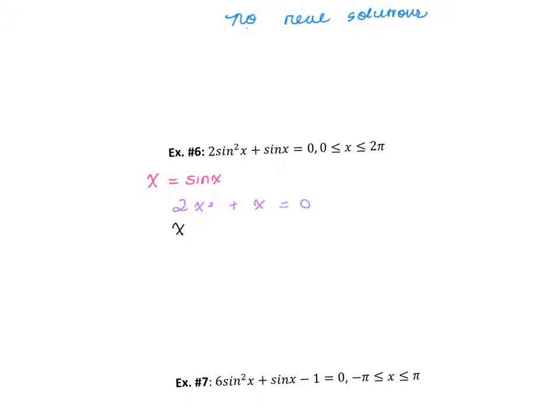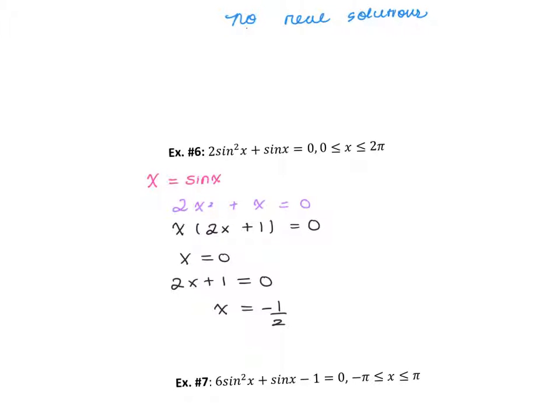You can take out an x. So you have x is equal to 0 and 2x plus 1 is equal to 0, so x is equal to negative 1/2.